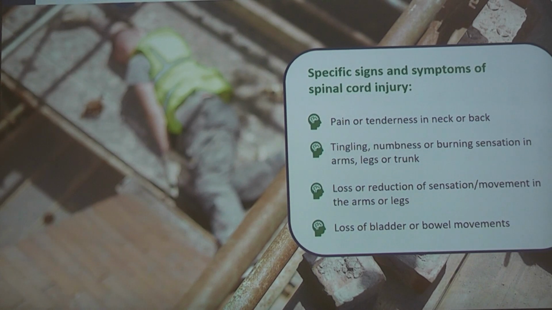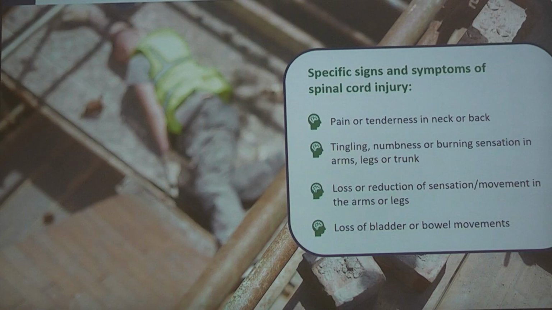So they might have pain or tenderness in the back. If it's impacted on the sensory nerves, which are much smaller nerves, so therefore the ones that are more likely to be injured earlier, they might have a tingling or pain sensation, or they might have no sensation, so numbness.